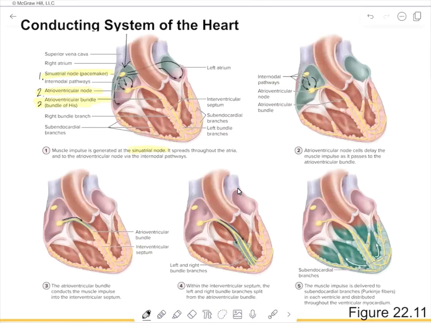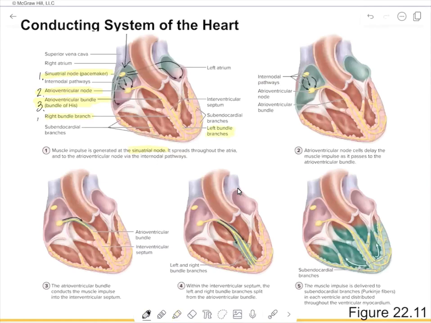Step number 3 is the atrioventricular bundle, also called the bundle of His. That's going to be located in the interventricular septum. Once the signal reaches the kind of the top of the interventricular septum, it splits into 2 different bundle branches. There's a right bundle branch and a left bundle branch.